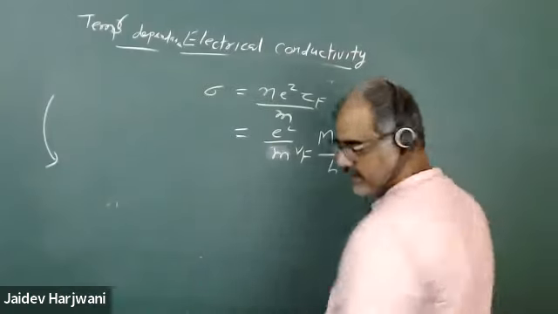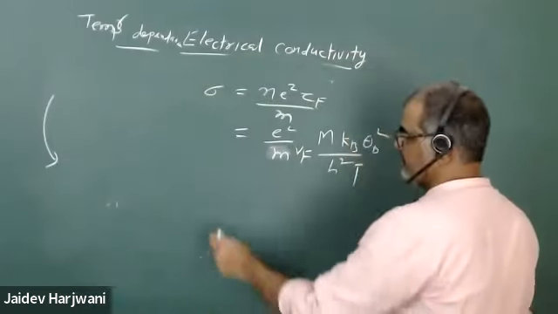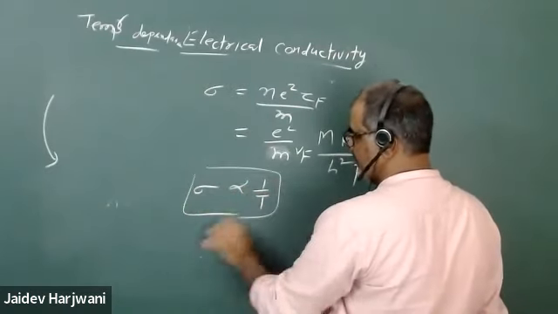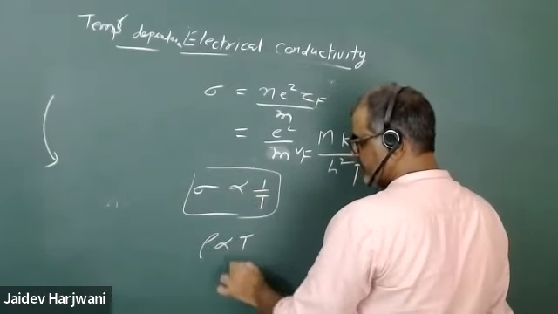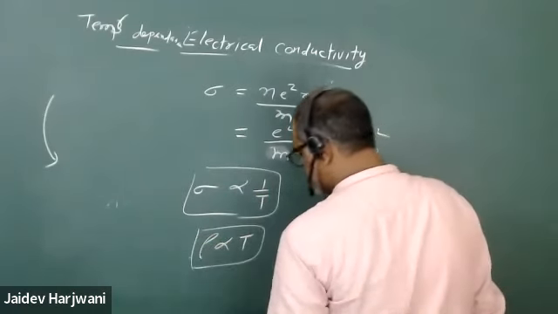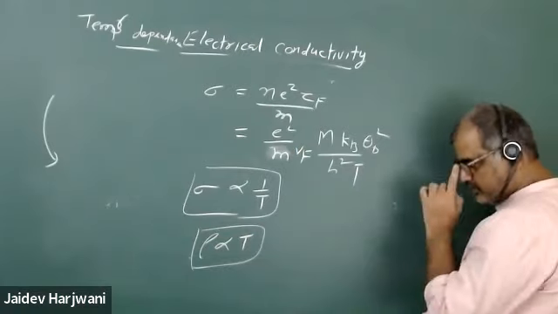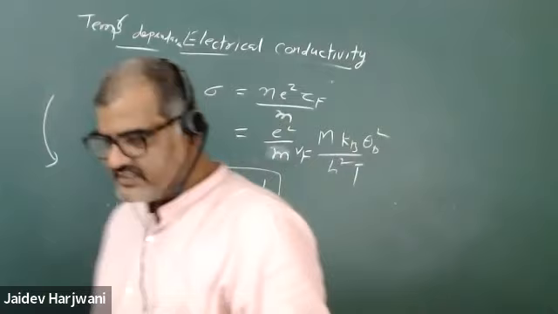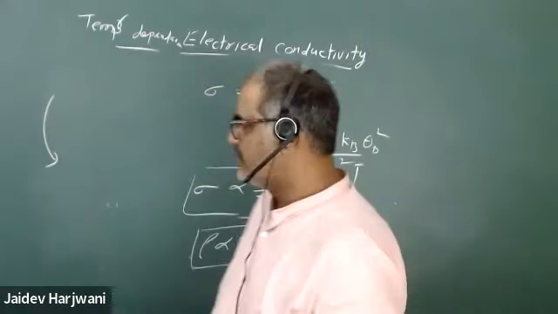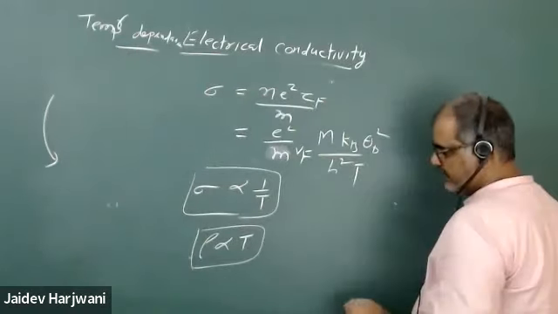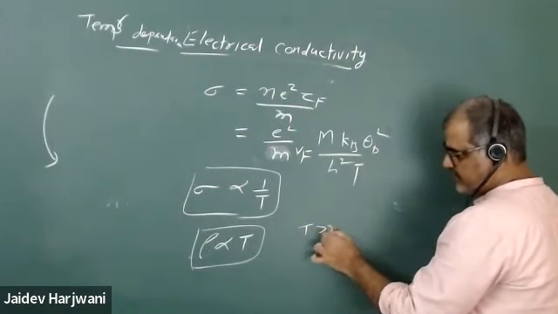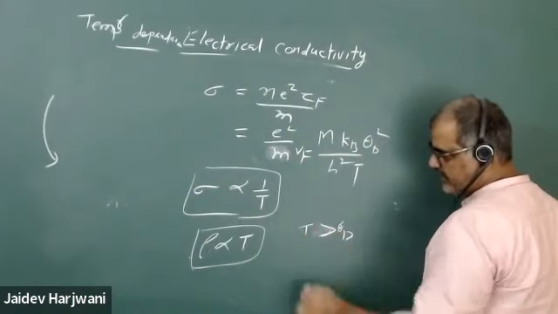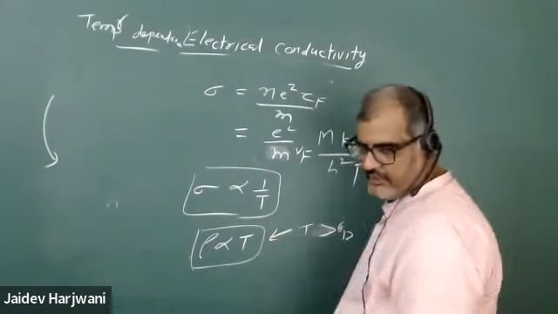So this is my final expression for conductivity. Here I can see that my conductivity is proportional to 1 by T, or my resistivity is proportional to T. Of course, this I have done for high temperature, assuming classical things, because at higher temperature classical and Fermi statistics are both the same. When temperature T is greater than theta D, my resistivity is proportional to temperature.